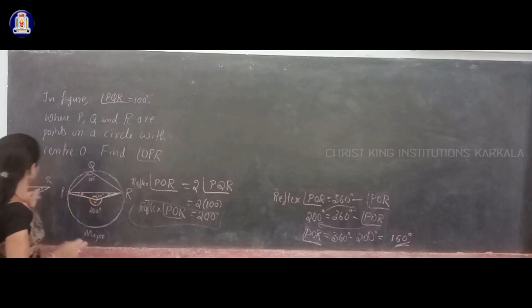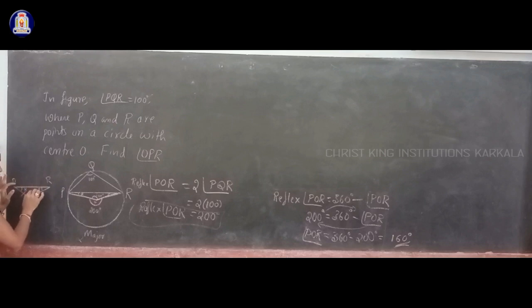Now in this triangle, what can you write? You know the sum of angles in any triangle is how many degrees? It is 180 degrees. So using that, for this triangle OPR, angle x plus angle x plus 160 degrees is equal to 180 degrees. x plus x, that is 2x, plus 160 degrees equals 180 degrees. So 2x equals 180 degrees minus 160 degrees. 180 minus 160 gives you 20 degrees.